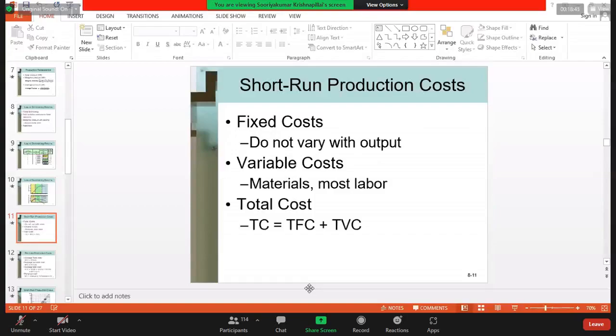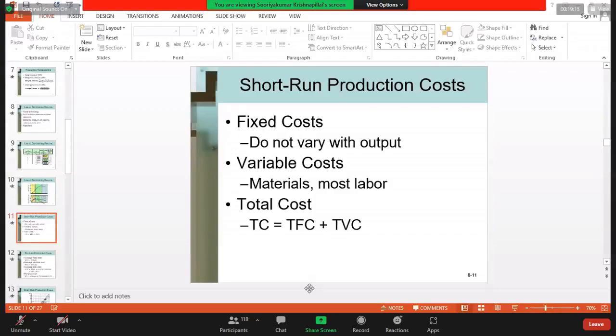The short run is the period that is too short to adjust all the inputs. That time is too short for the firm to change all the input levels. So at least one input is fixed.